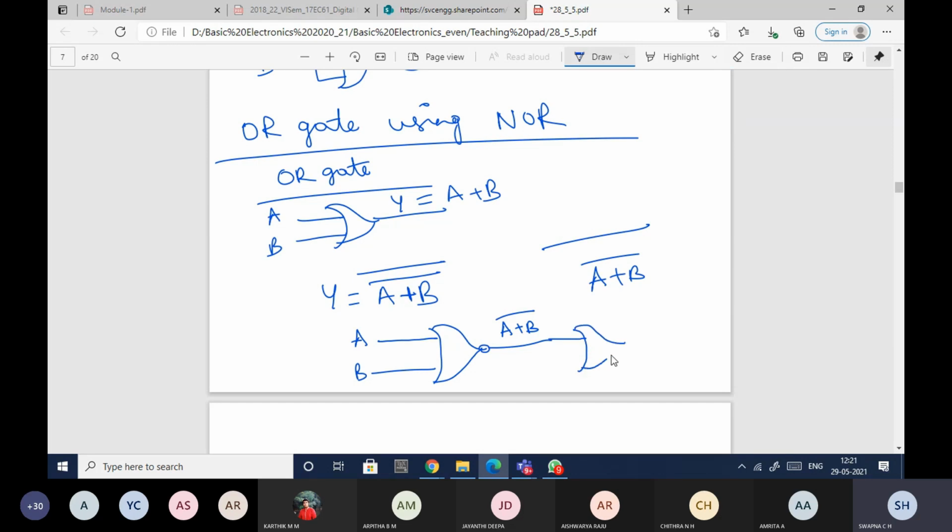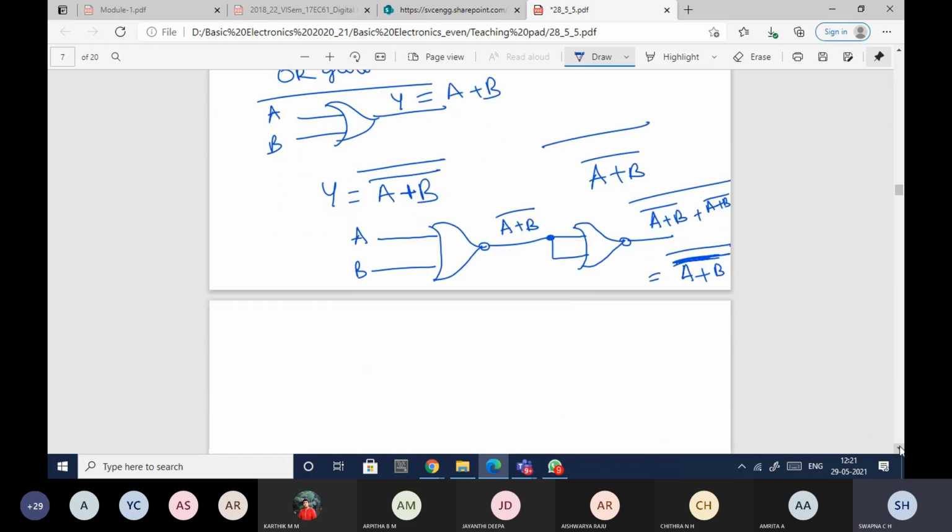But I don't have a NOR gate with a single input, so I'll give the same thing here also. It becomes A plus B bar plus A plus B bar whole bar, which is nothing but A plus B bar. This is repeated twice, so I can take it once only. Hope this is clear to all of you.